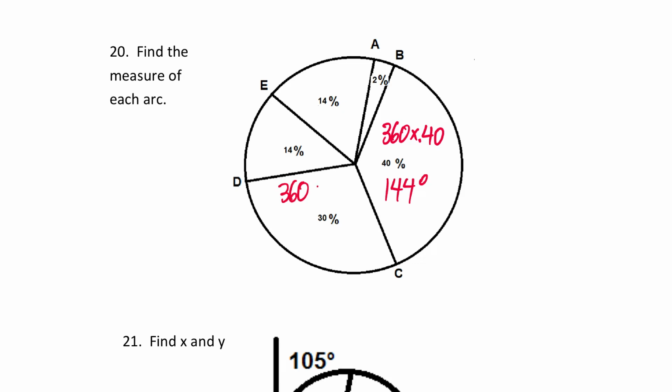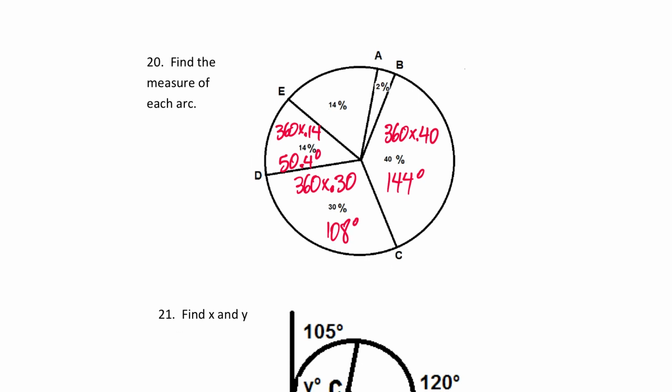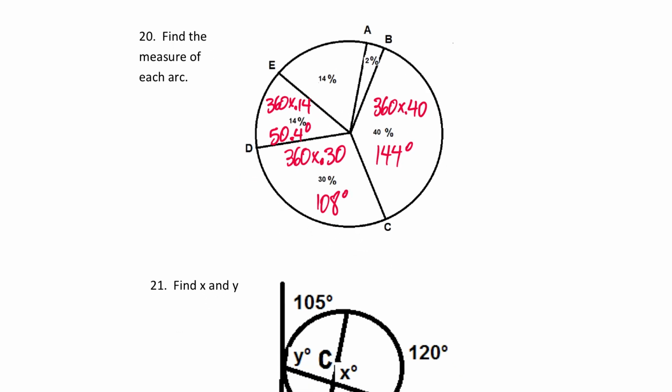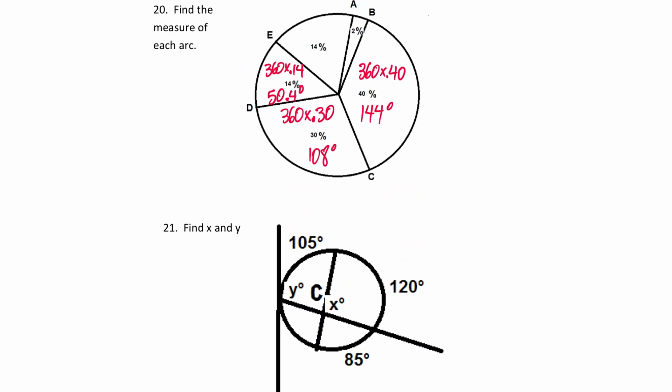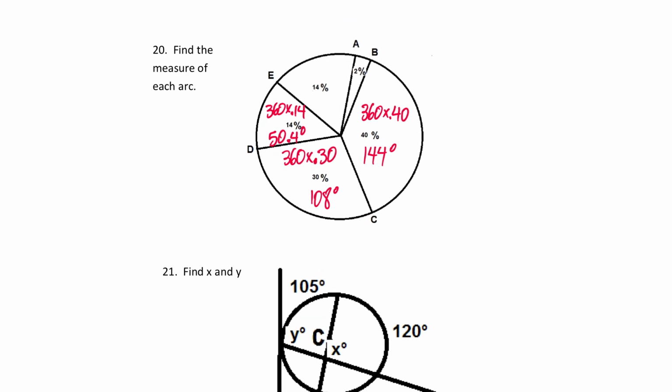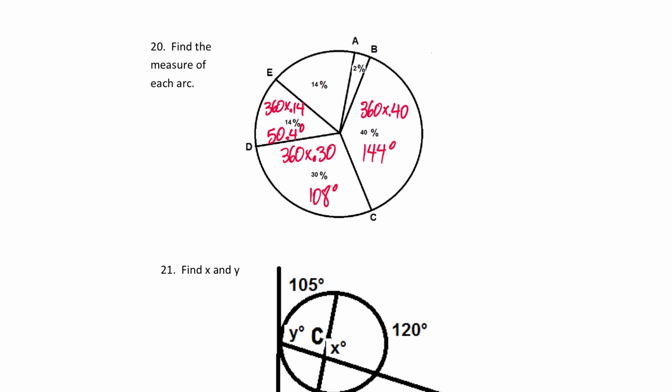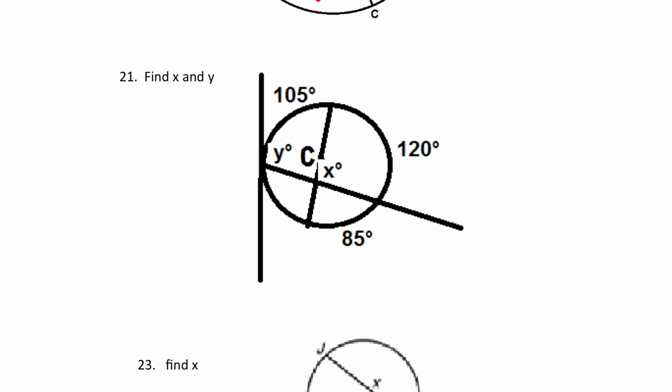On this one, I'm going to go 360 times 0.30, 108, and then one more, 360 times 0.14 is 50.4 degrees. Okay, so pretty simple on that. Just multiply 360, the total, times the percentage as a decimal.